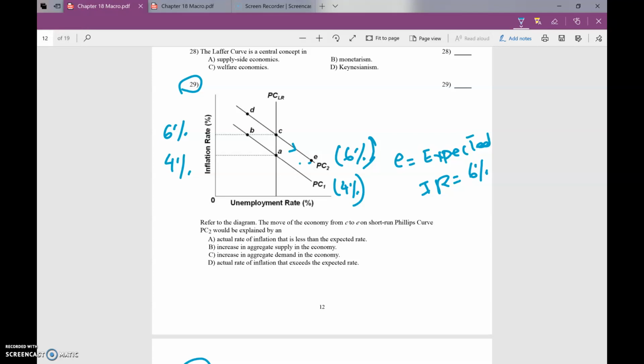But the actual inflation rate, which we read from the vertical axis, is less than 6%. At point E, the actual inflation rate, reading off, is 3%. So my answer here is going to be A. Actual inflation rate less than expected inflation rate.